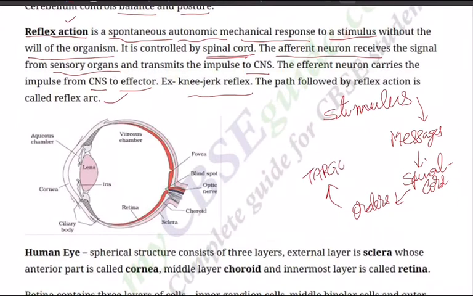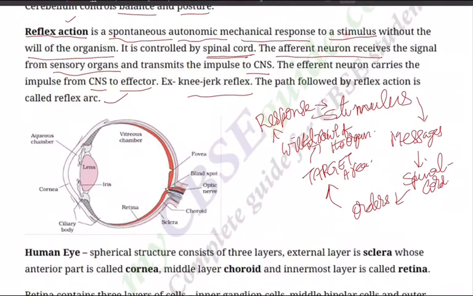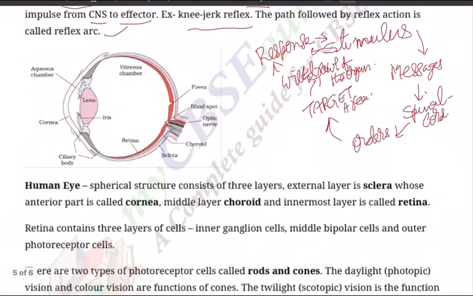These orders reach the target organ, the target area. Target area may be, like when you are touching a hot pan, the hand, and then withdrawal of the concerned affected hand. Withdrawal of the organ, and this withdrawal of the organ, we call it the response. So every stimulus has got a response, and that should be a good one. So stimulus, response. This is all, and this path that we have written now is called the reflex arc.